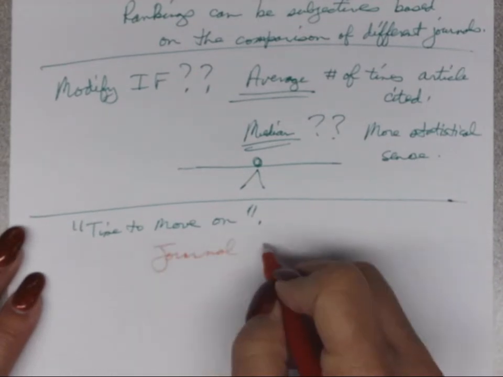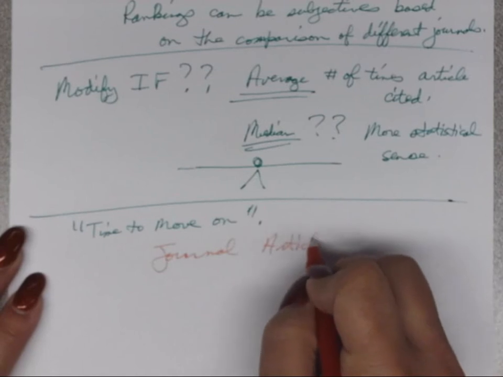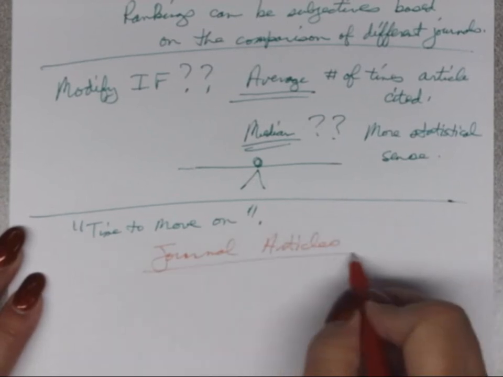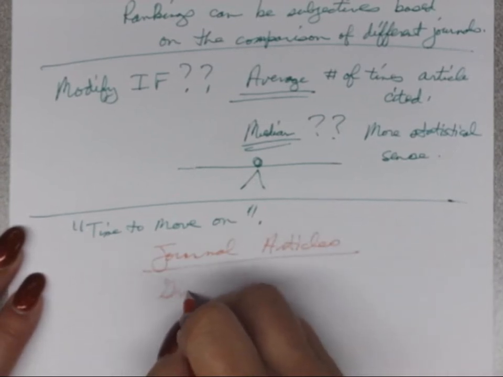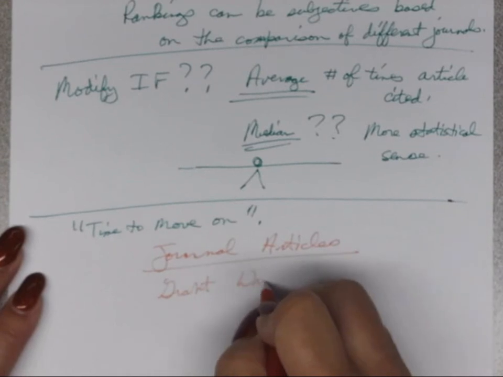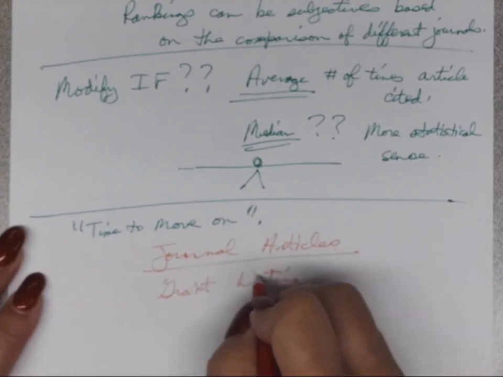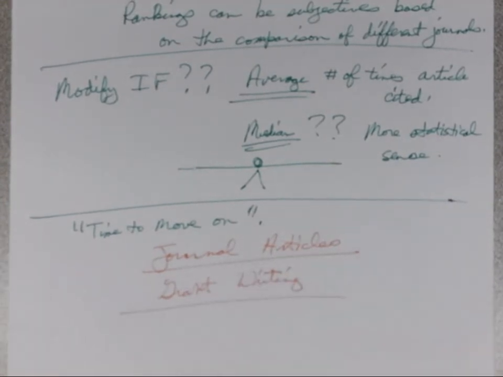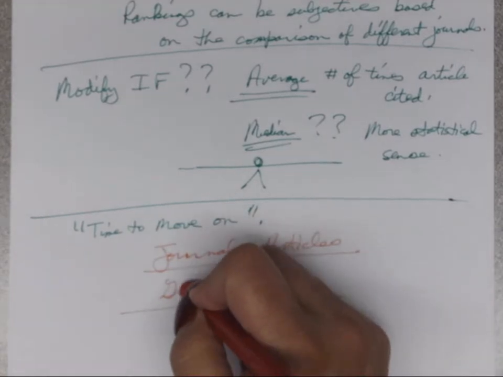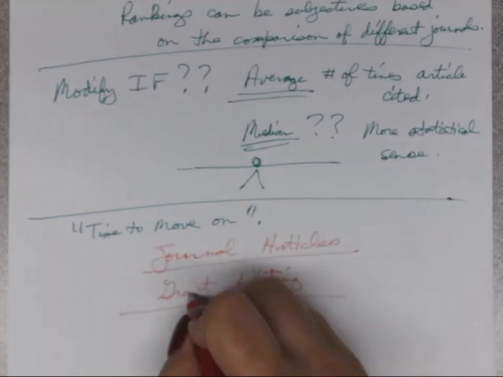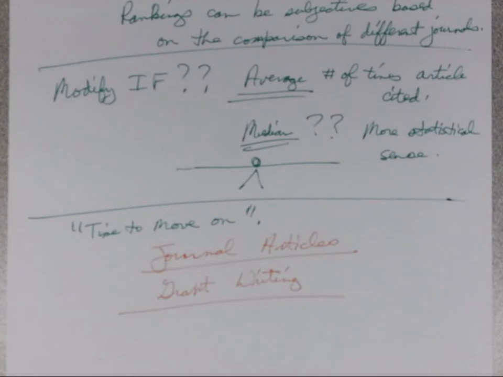That's the number one thing for getting tenure, or grant writing, right? A lot of schools will allow grant writing to take the place of journal articles because they really want you to bring money into the institution, right? So those two things are really important for the tenure process.